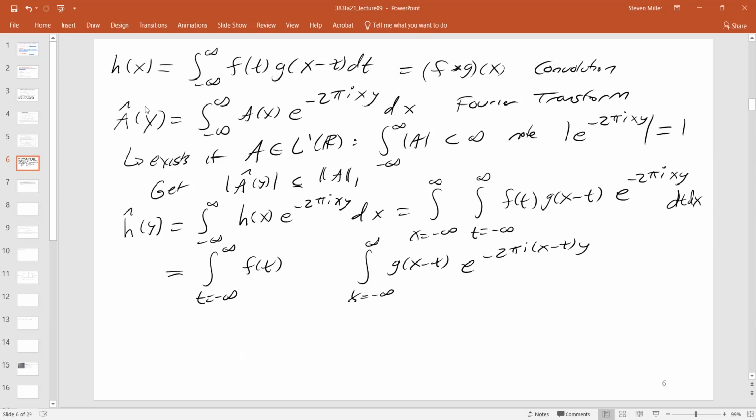Now, if I put in the t over there, I can't just put in the t, I've got to then add the t as well. And so that's going to give me an e to the negative 2 pi i t y, dx dt. And so what we did is we added 0.